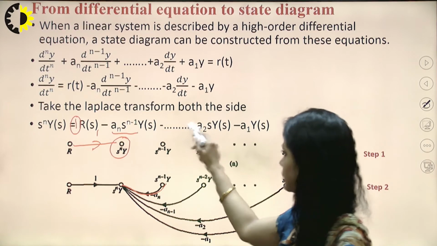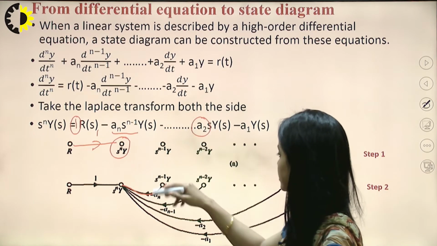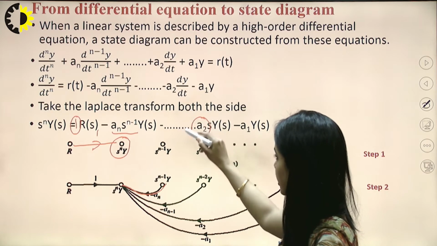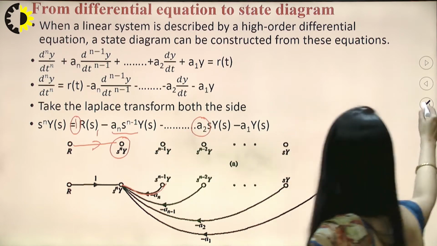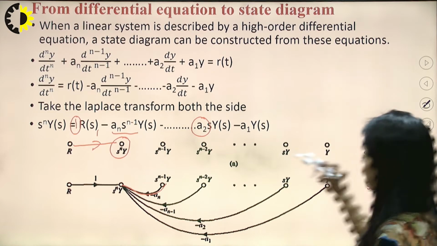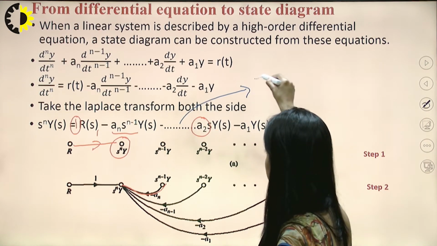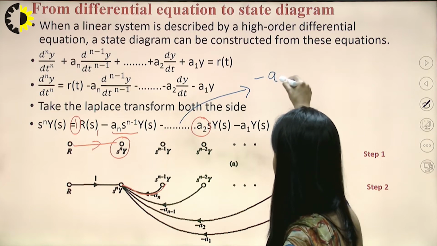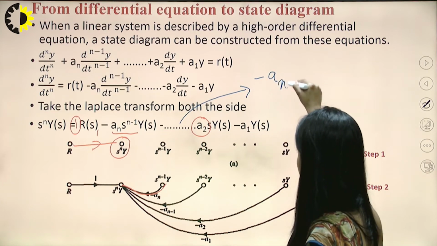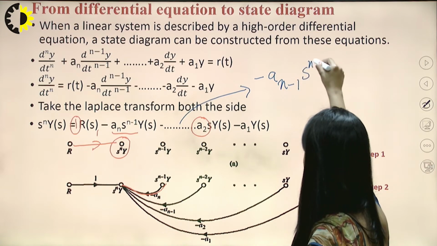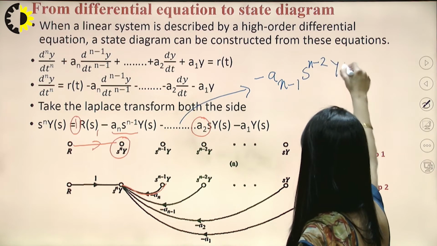Then the second term, let's say here I have a second term. I'll use a different ink. Let us consider I have a second term here, which is minus a n minus 1 s raised to the power n minus 2 Y of s.